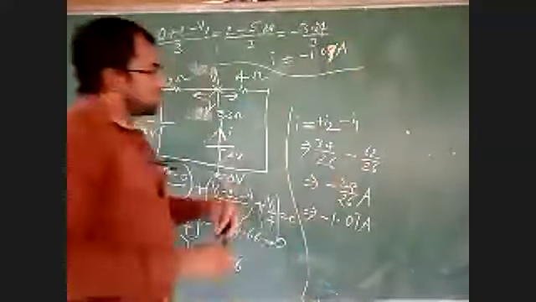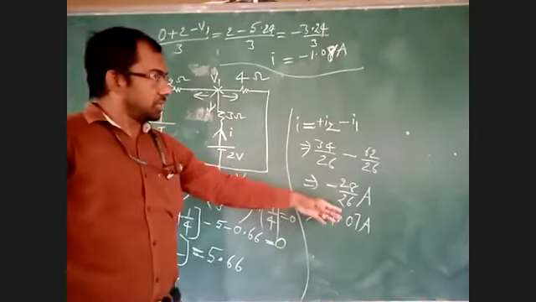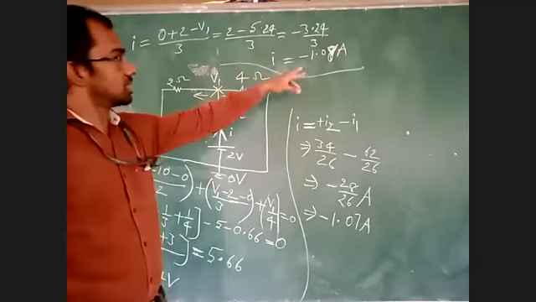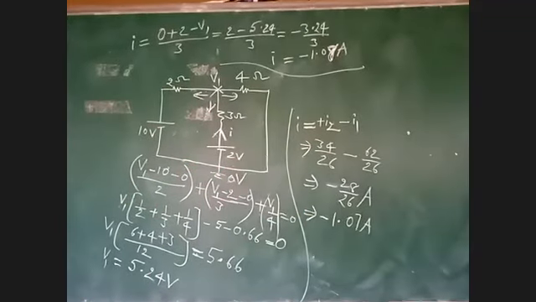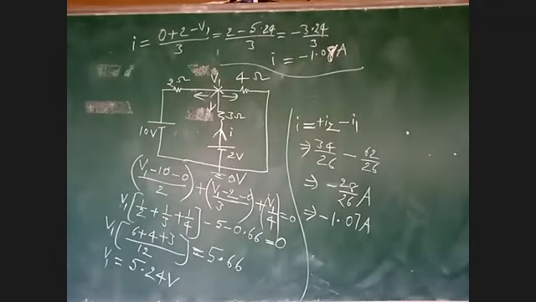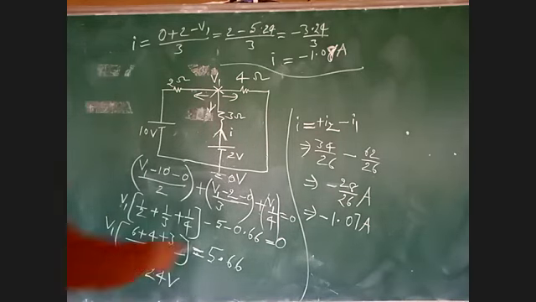Okay. See the answer. Only the decimal value will vary because we have not taken the exact values here. Approximately the value is the same. In mesh analysis and nodal analysis, you'll get approximately the same value, minus 1.07 ampere. The decimal differences are negligible, because we have truncated this to 0.66.